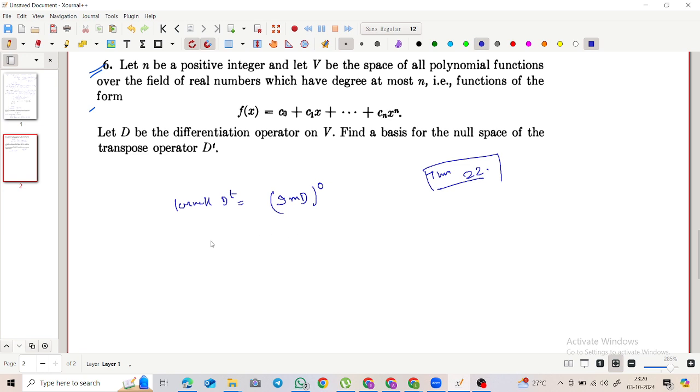So what is the image of D? The image of D is all polynomials of degree less than or equal to n minus 1. That is the image of D.